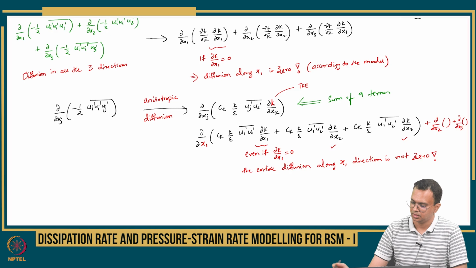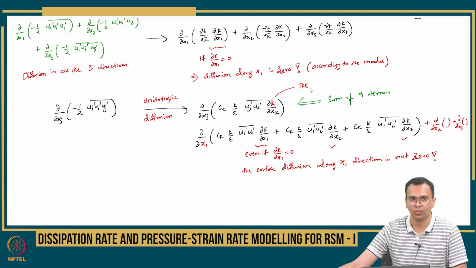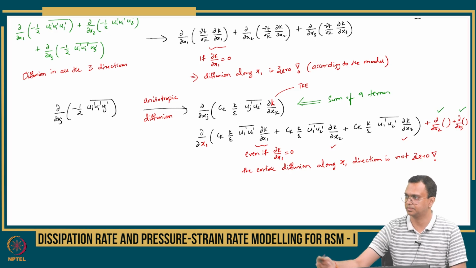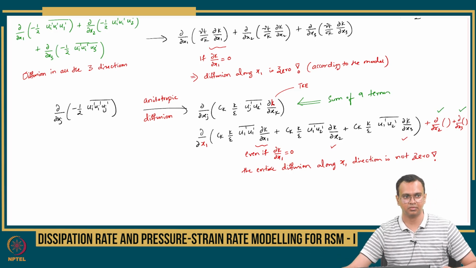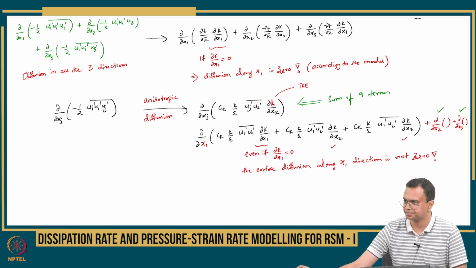So this is clear: if the gradient is 0 in one direction, it is still able to save the entire diffusion coefficient in that direction, and turbulence diffuses, or transports, in all 3 directions. Similarly, I have transport in the other directions, x2 and x3. This is clear. Shall we move to the dissipation rate of turbulence kinetic energy?